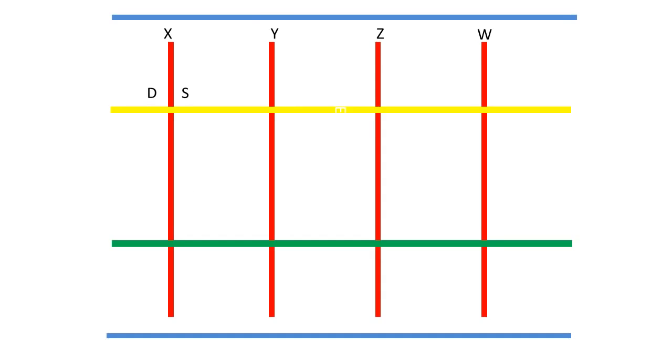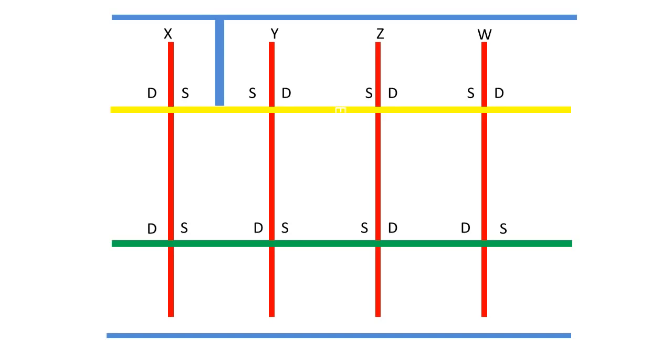Please notice the arrow in the PMOS section was moving from drain to source in the X transistor, to source to drain in the Y transistor, to source to drain in the Z transistor and finally source to drain in the W transistor. Whereas in the NMOS section, the arrow was moving from drain to source in the X transistor, to drain to source in the Y transistor, source to drain in the Z transistor and finally drain to source in the W transistor.